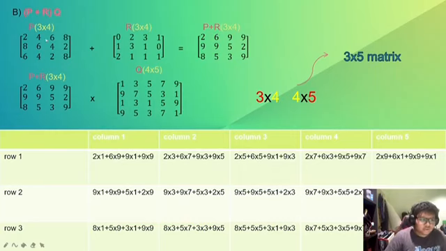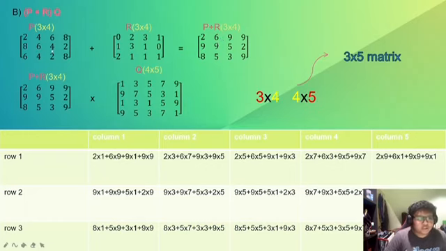So we are matching positions. For example, this number 4, in the first row second column, will also be added to number 2, which is also in the first row second column, and the answer will be at the first row second column.